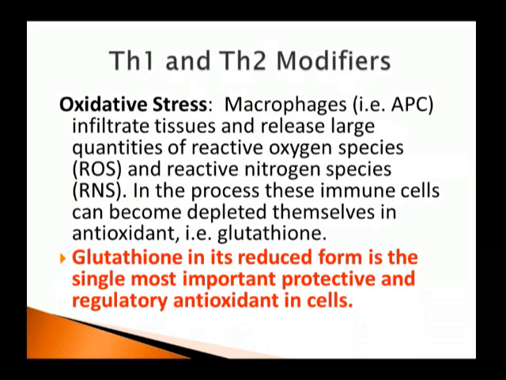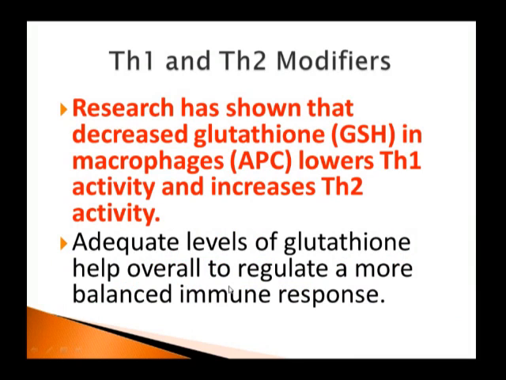And we know that glutathione is often deficient in autism, as it is in other neurological disorders too. Well, research has actually shown that when glutathione levels drop, these cells called macrophages have a lower Th1 activity.